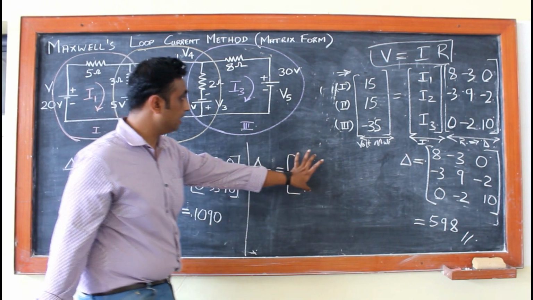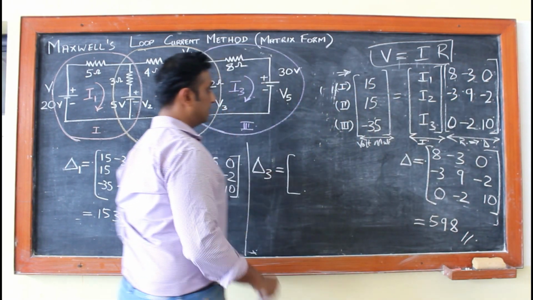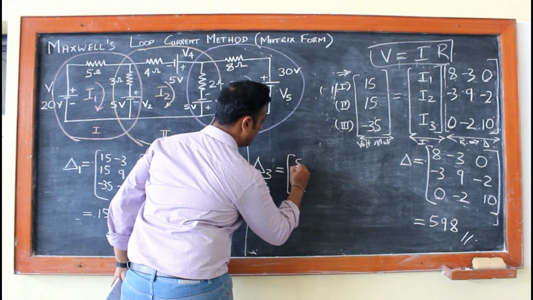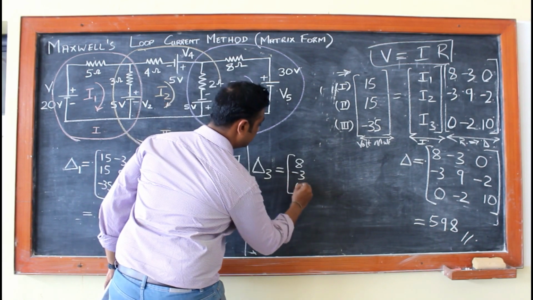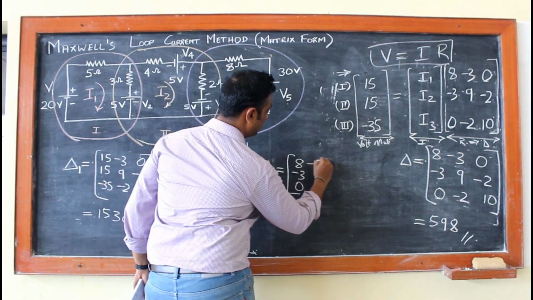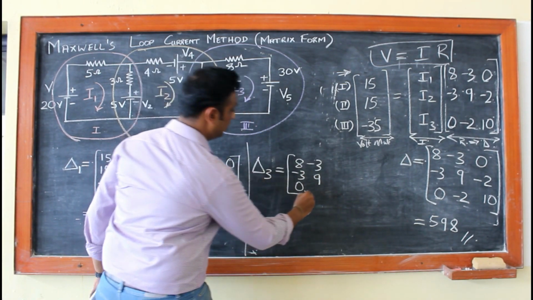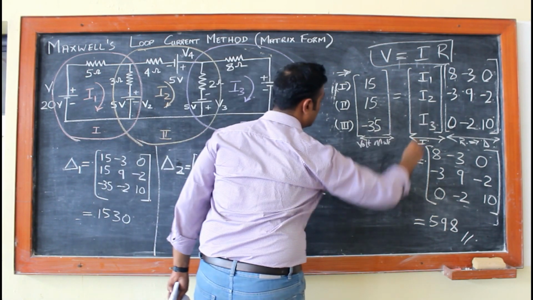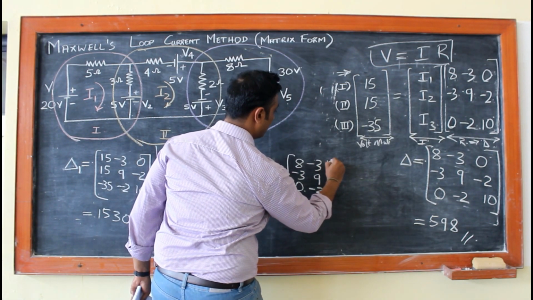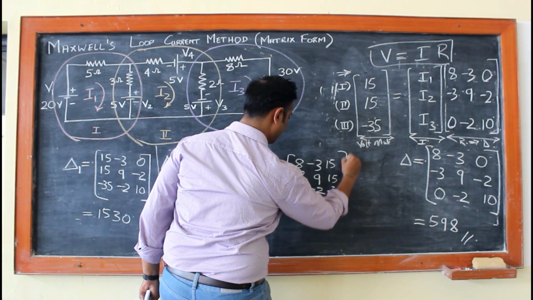So for delta 3, you have to replace the third column with the voltage matrix. So I have 8, minus 3, 0, minus 3, 9, minus 2, and the third column is replaced by 15, 15, minus 35.